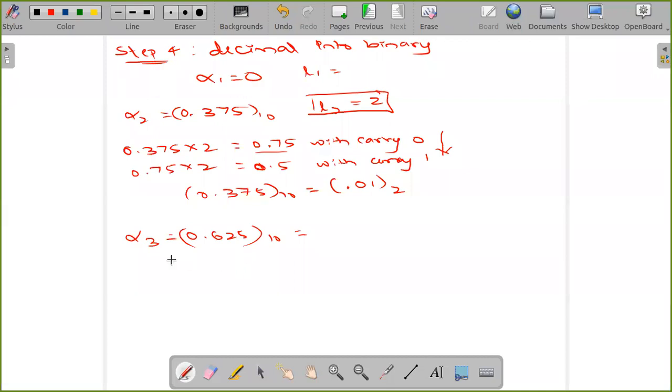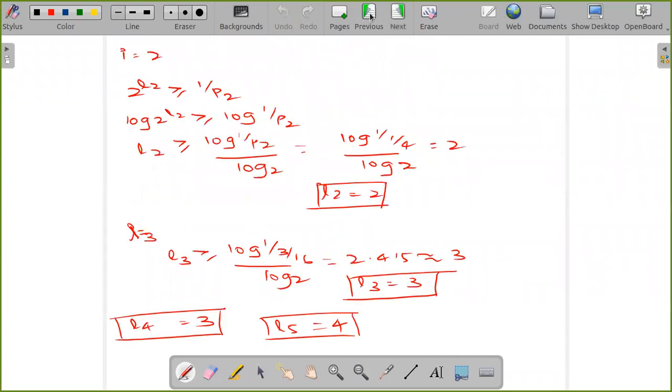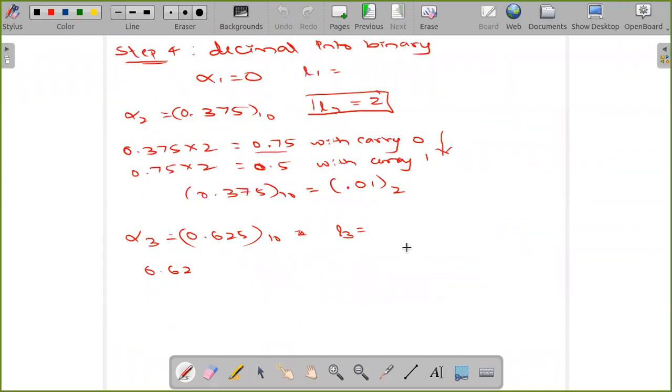How many bits do I need to take? It again depends on L values. What is L3 here? L3 equals 3 bits, right? So I want only 3 bits of conversion, not more than that.